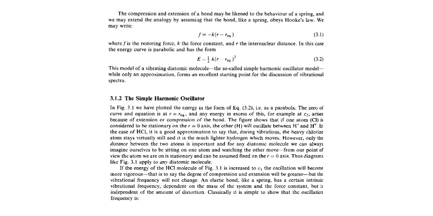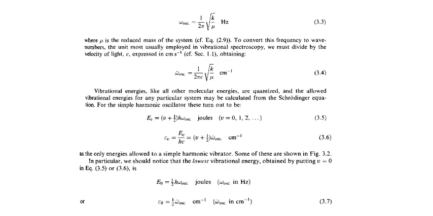Now, if you consider this elastic bond like a spring, you can say that there is an intrinsic vibrational frequency with which the bond vibrates. And this oscillation frequency is given by this expression, 1 by 2 pi root of K by mu, where mu is the reduced mass of the system.